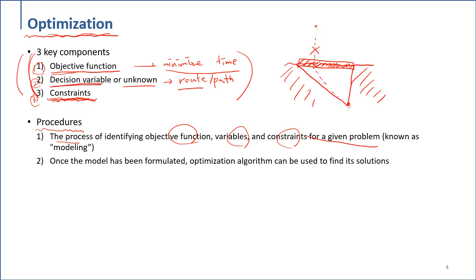For any given problem, you should model these and properly identify these key components. And once the model has been formulated, an optimization algorithm can be used to find its solutions.